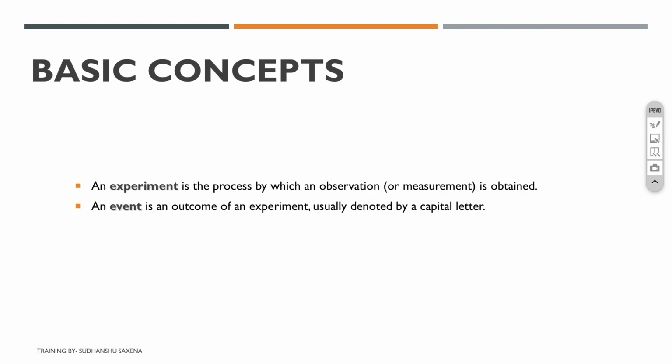Similarly, we have an event, which is an outcome of an experiment. So my experiment is where I'm trying to find out how many of the 20,000 people who wanted to spend more than 10 lakh rupees chose Ford or chose Toyota, and whatever outcome I get will be called an event.